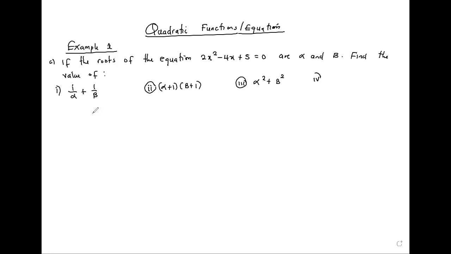And then 4, alpha squared beta plus alpha beta squared. Let's start with this.